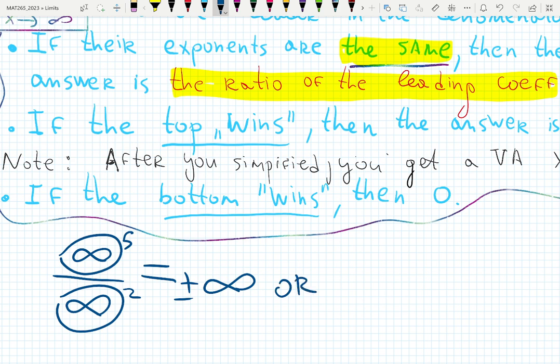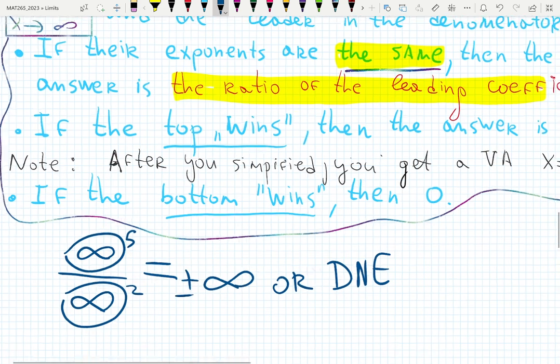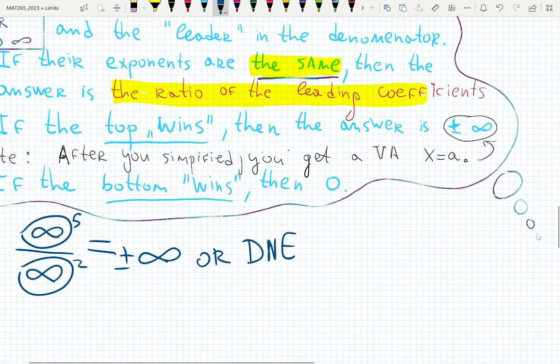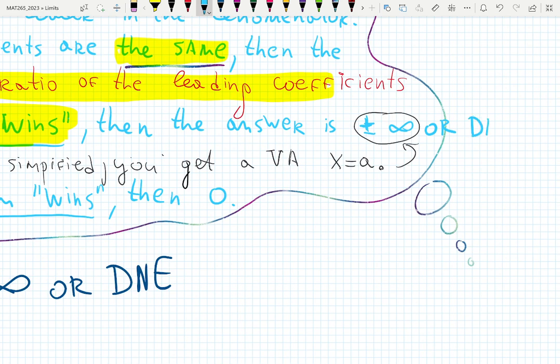Or sometimes you will have DNE. If from the left it's plus infinity, from the right it's minus infinity. Or basically when they don't meet. So if the top wins, let me put it in yellow, the answer is infinity or DNE. DNE when the left limit did not meet the right limit.